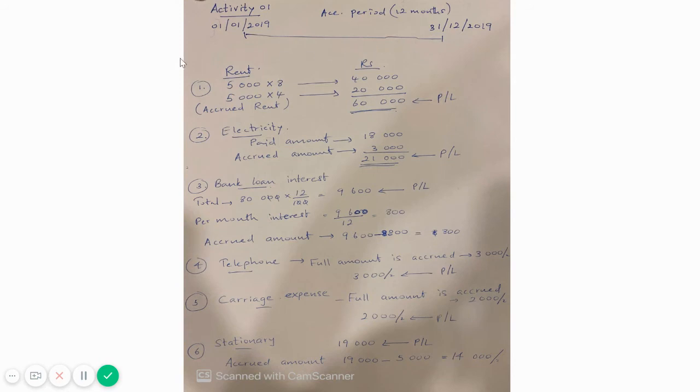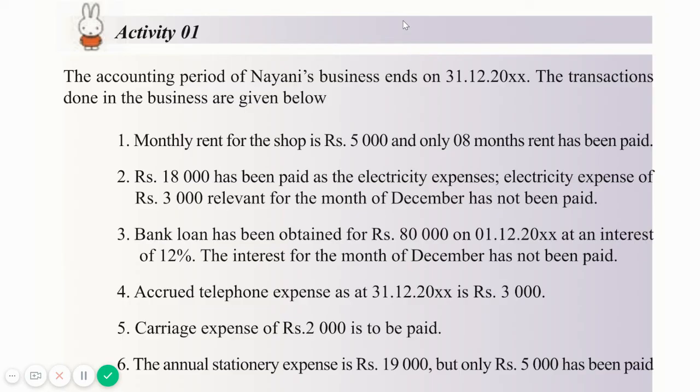When you count 12 months back, you end up with 1st January 2019. So the accounting period of Nayanee's business runs from 1st January 2019 to 31st December 2019, which consists of 12 months.